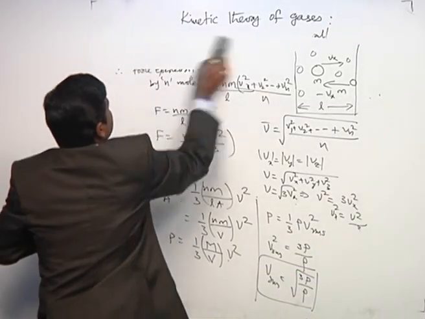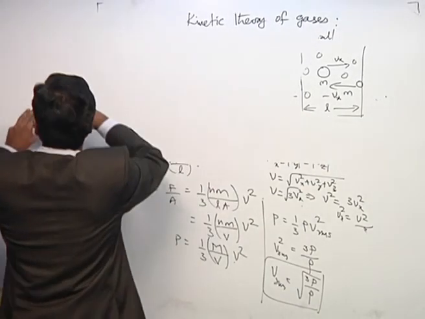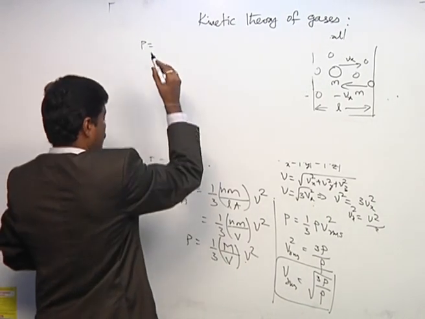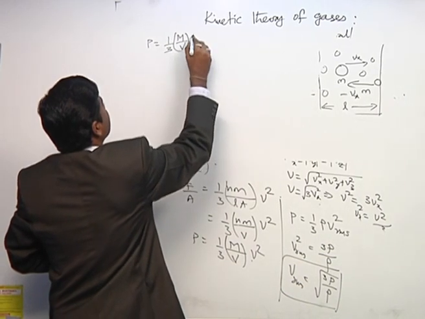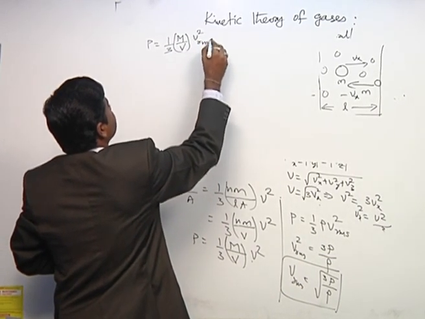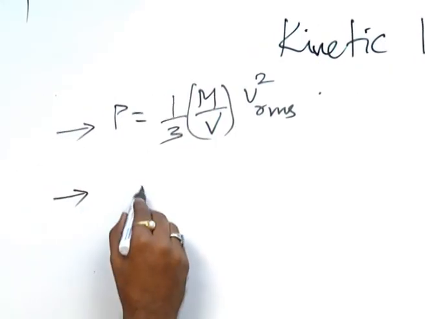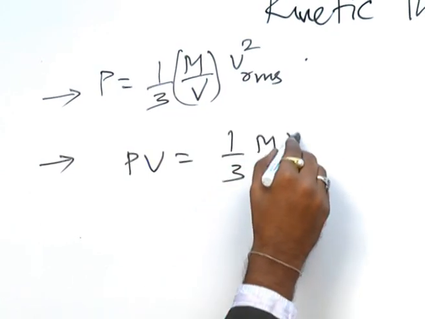Our conclusion from this derivation is P is equal to 1 by 3 m by V into v square RMS. We can write another thing here: PV is equal to 1 by 3 m v square RMS.